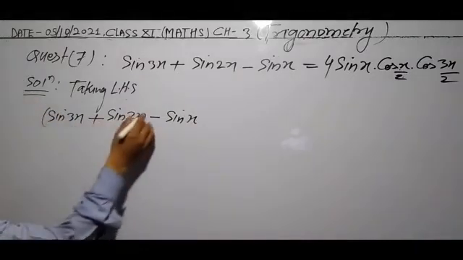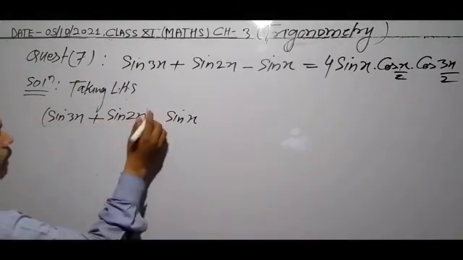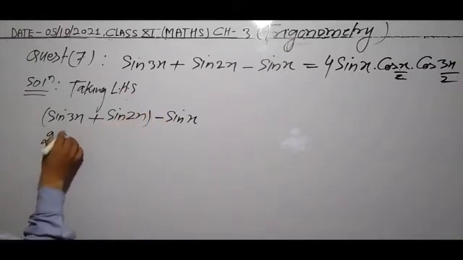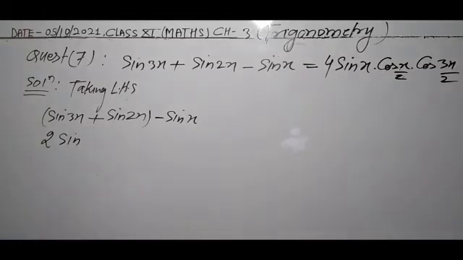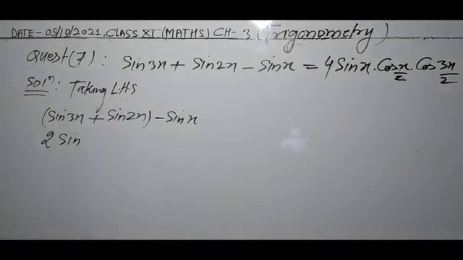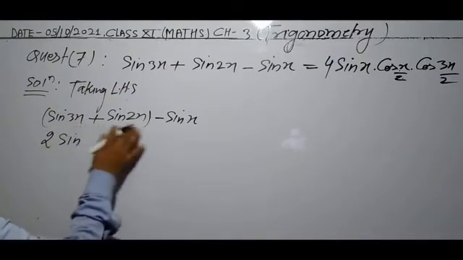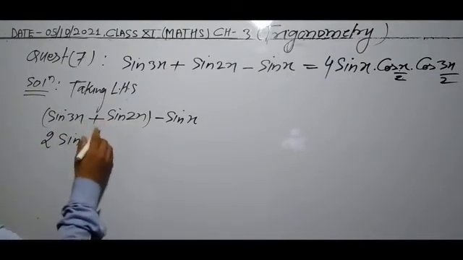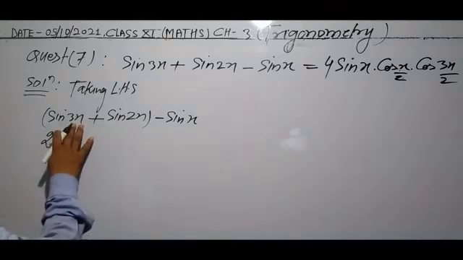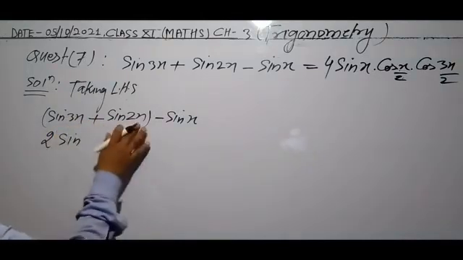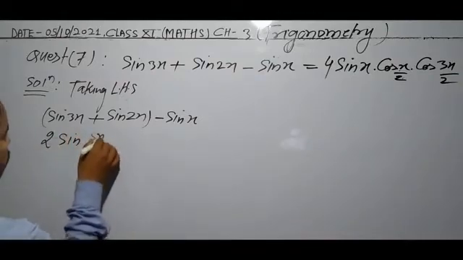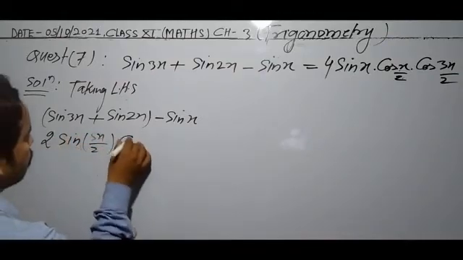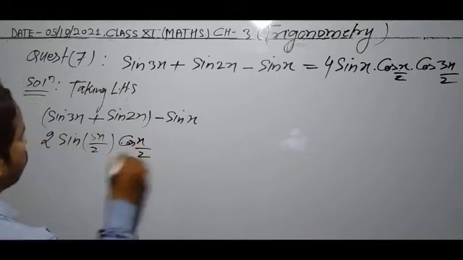Sin C plus sin D formula is 2 sin of (C plus D) by 2 into cos of (C minus D) by 2. Here that is 2 sin of 5x by 2 into cos of x by 2.